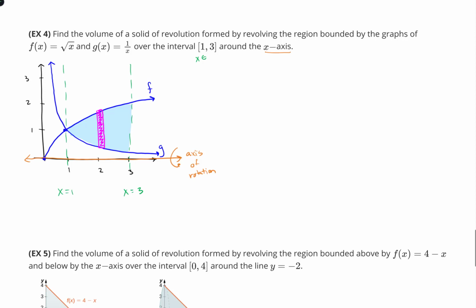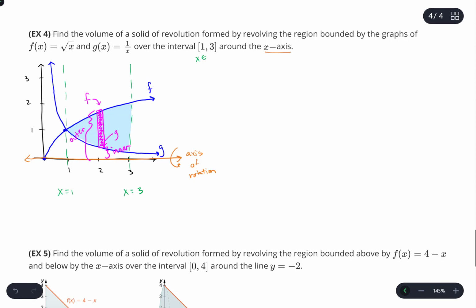It's not necessarily like which is most positive in every single scenario. It just depends on which is furthest away. So this right here is going to be my inner radius because it's closest to the axis of rotation. And this right here is going to be my outer radius because it's furthest away. So the outer radius is f, and the inner radius is the function g on this entire interval.